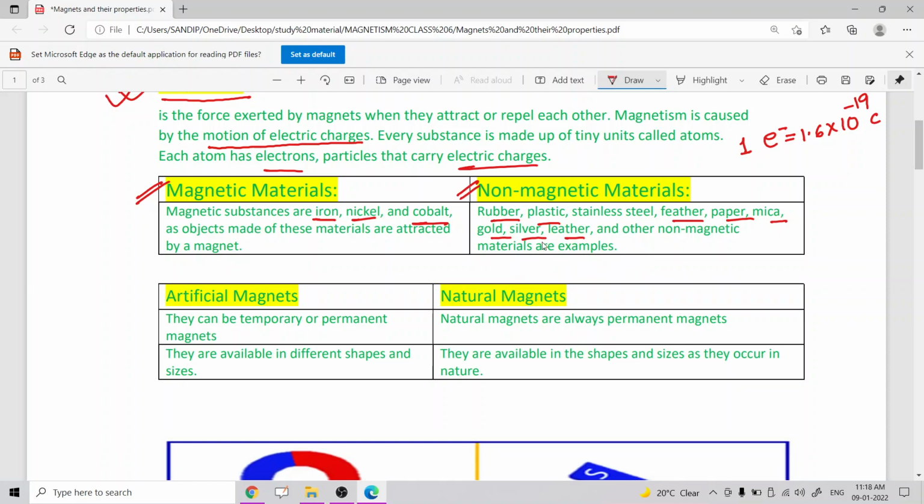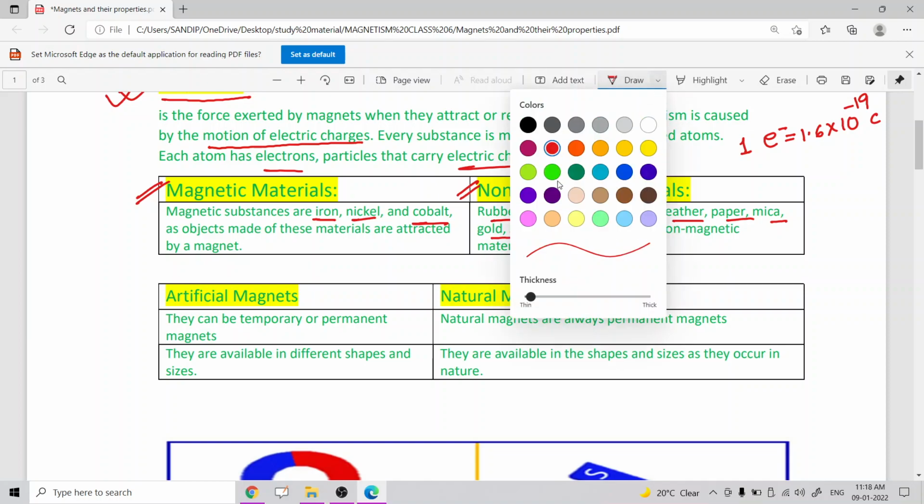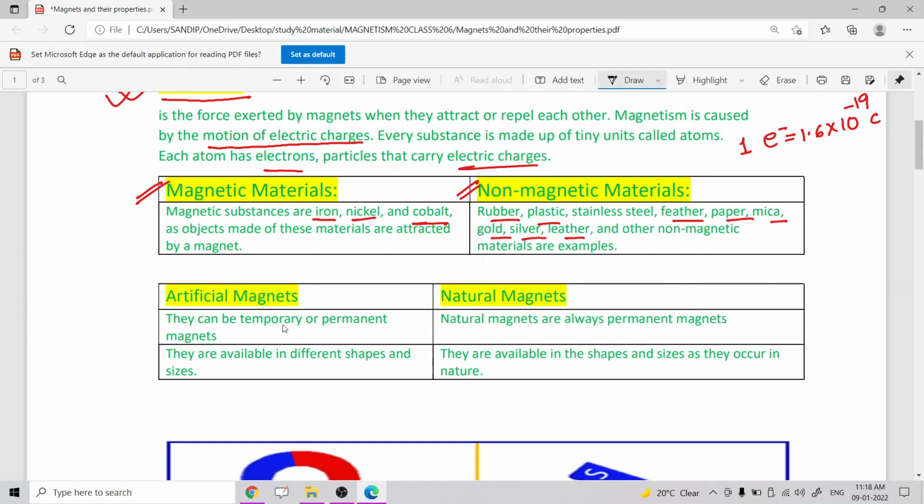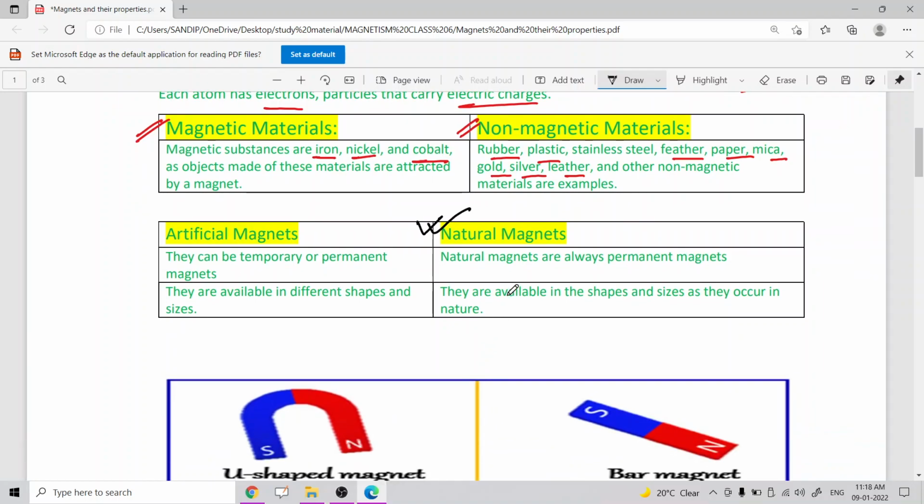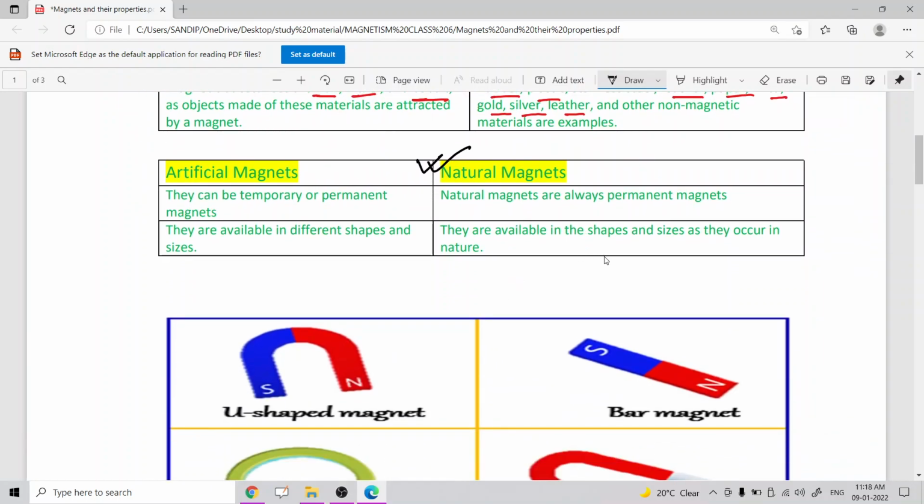Now the next one is what do you mean by artificial and natural magnets. At first we discuss natural magnets. Natural magnets are always permanent magnets, and they are available in the sizes and shapes in which they occur in nature.